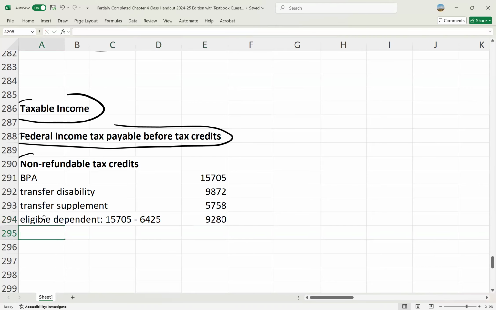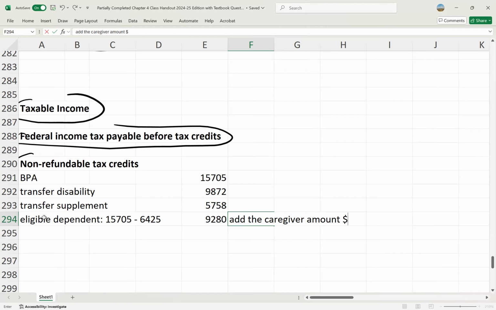Now remember, Cynthia, the daughter, has a disability, and also qualifies for that Canada Caregiver for child under 18. Remember with eligible dependent, we could add the caregiver amount here because Cynthia has an infirmity. Remember we said if you meet the definition of disability, you also meet the lower threshold of infirmity.